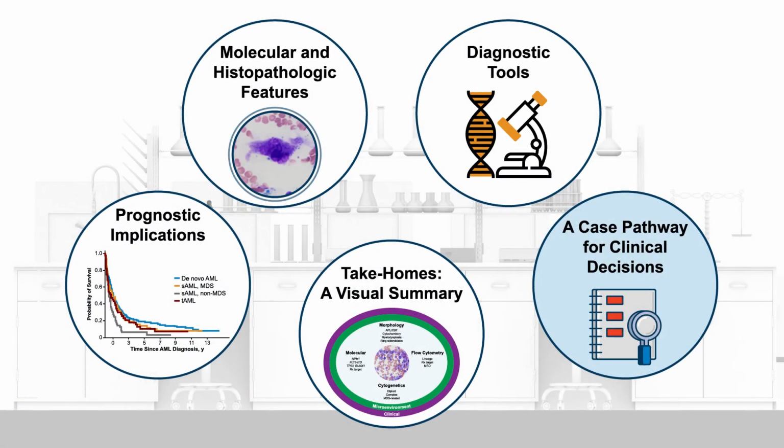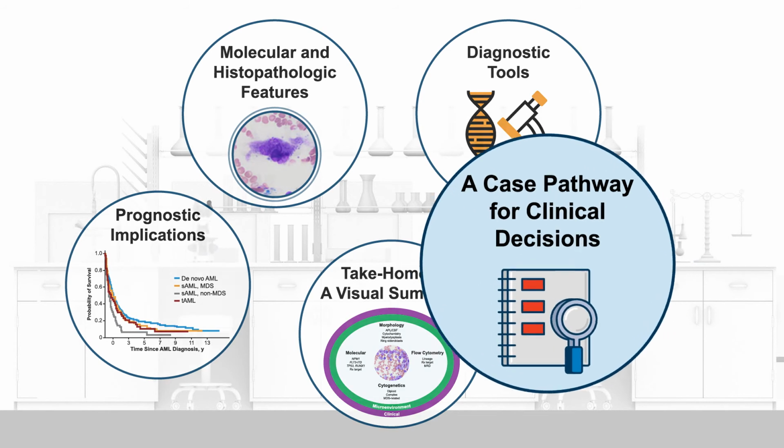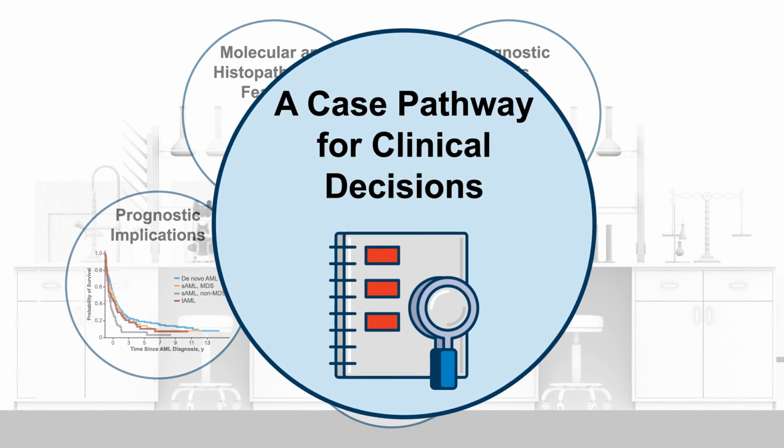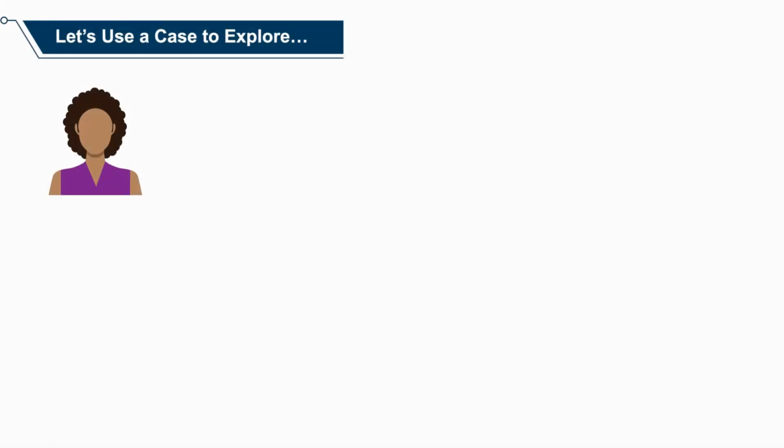Let's take a look at a case to demonstrate this point and to demonstrate the diagnostic features that we reviewed, using our diagnostic tools to see how an accurate pathologic assessment can help inform the right treatment choices for our patients with acute myeloid leukemia. So to demonstrate this point, I'll present you with a patient example and show you how pathology testing and interpretation of results can inform selection of therapy in the setting of secondary AML.